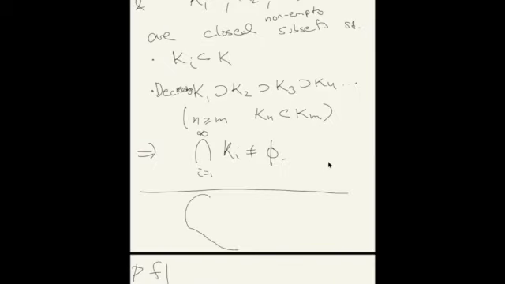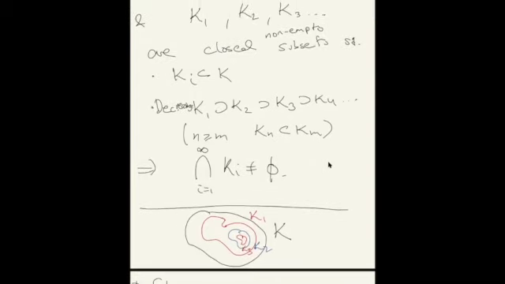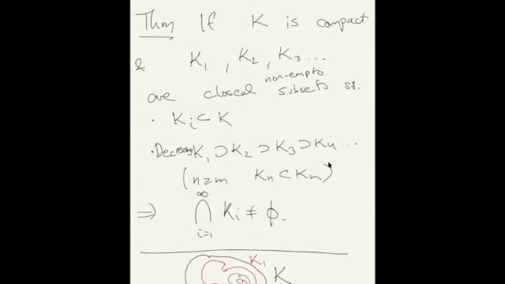So we have K is some compact space or compact set, and then we have a family of closed subsets within it. So K1, K2, K3, and they form this kind of a Russian doll kind of thing, that they can become smaller and smaller as n becomes bigger.